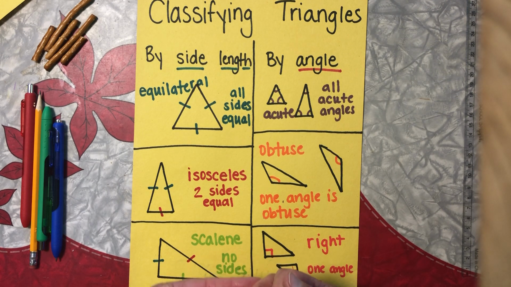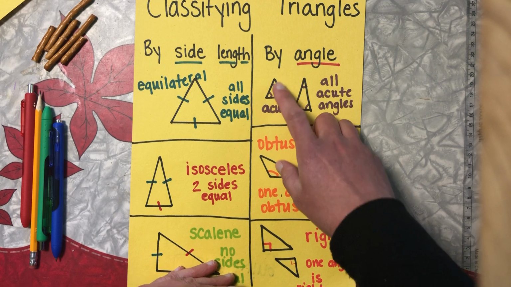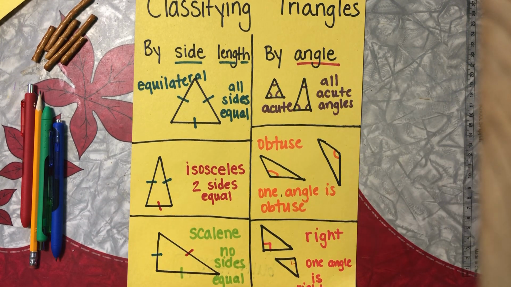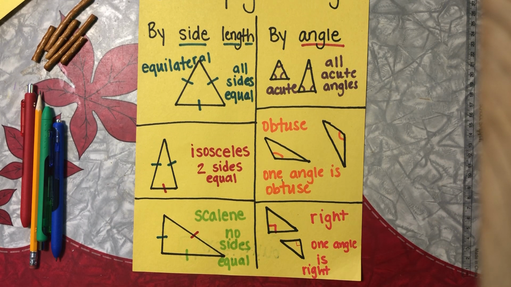And I'll show you why in just a second. So if I have 180 degrees, each of these is 60, and 60 times 3 is 180. So an acute triangle has all acute angles. An obtuse triangle has one angle that is obtuse, or greater than 90 degrees. And a right triangle has one angle that is right, or exactly 90 degrees.